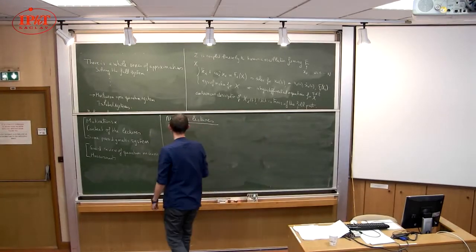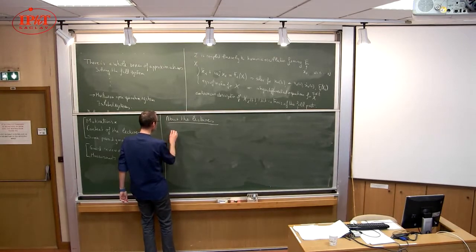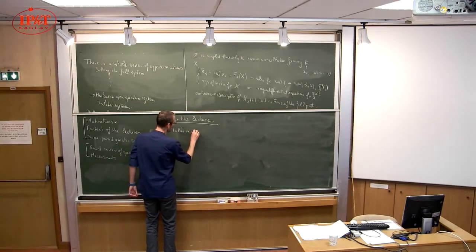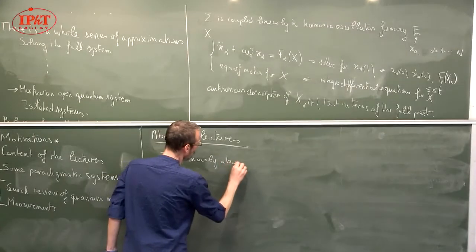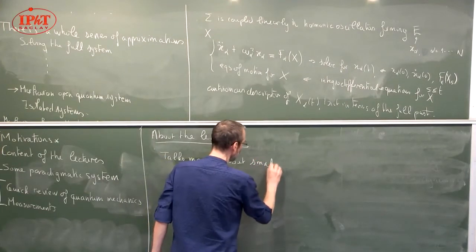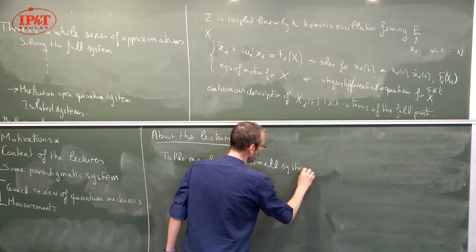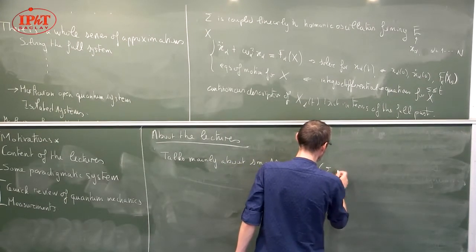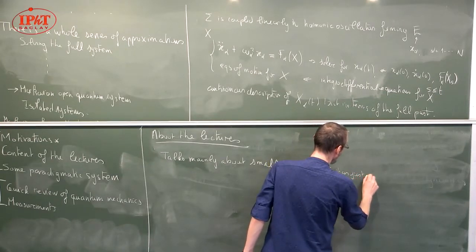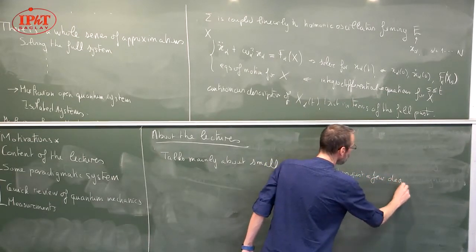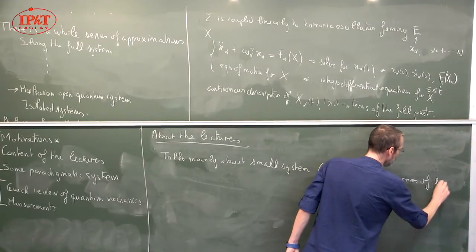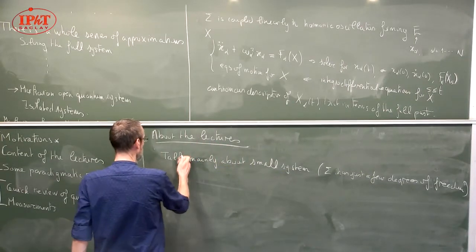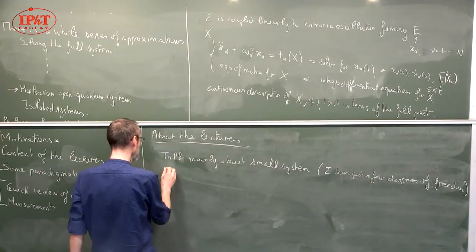The first thing is that I will first of all talk mainly about small systems. So sigma has just a few degrees of freedom. And also present things in discrete time.